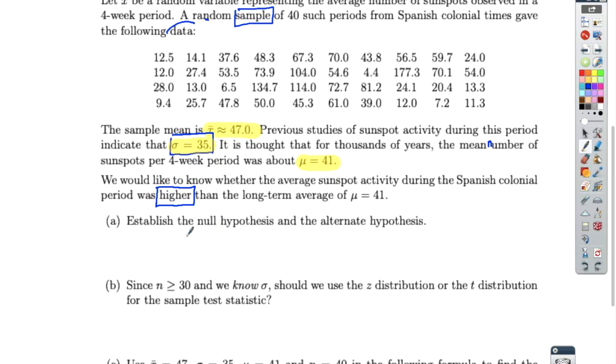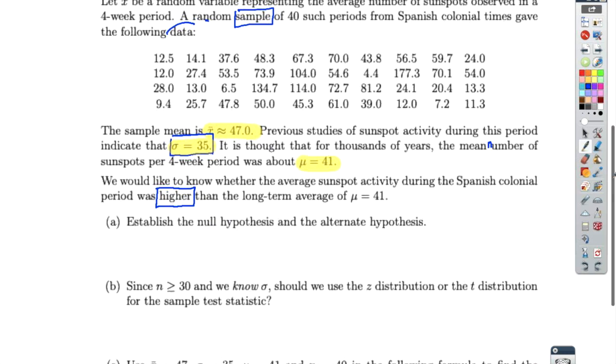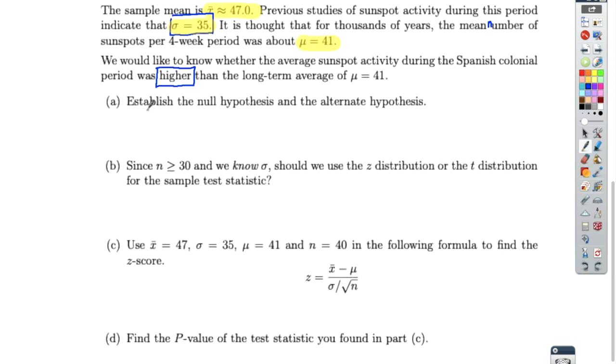First things first, establish the null hypothesis and the alternate hypothesis. Remember the notation. We always start with an H and then a little subscript 0. We call this H naught, followed by a colon. Our alternate hypothesis is going to be H1 and then another colon. The null hypothesis, H naught, is basically saying nothing has changed from what it used to be.